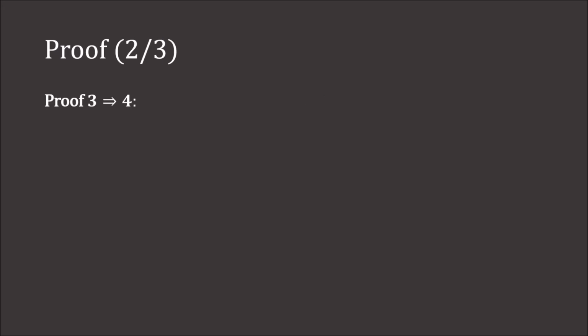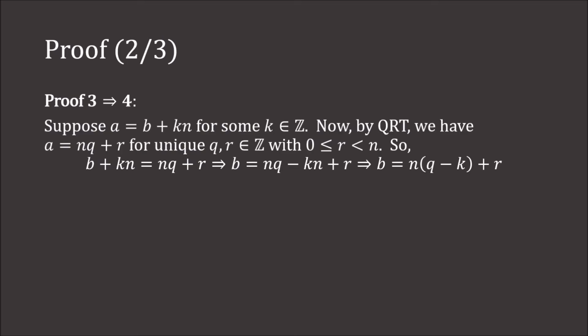So the proof that statement 3 implies statement 4. Suppose that a is equal to b plus kn for some integer k. By the quotient remainder theorem, we have that a would equal nq plus r for unique integers q and r, with 0 less than or equal to r less than n. So this would mean that b plus kn has to equal nq plus r.